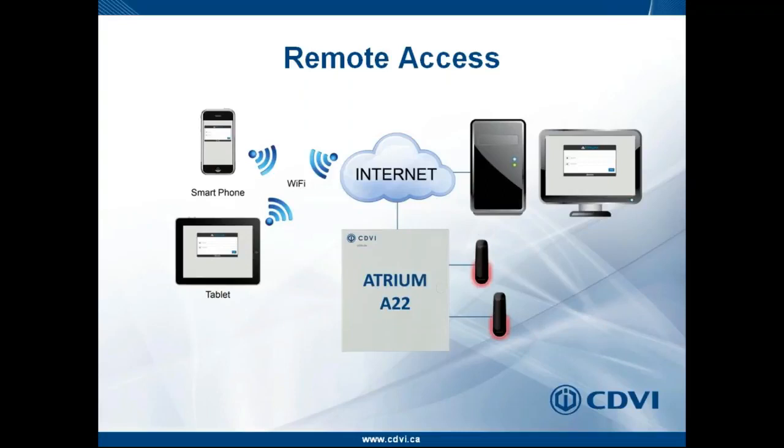So there is the capability of connecting either through a computer or, of course, through a smartphone or tablet. So if you do have a data connection or a Wi-Fi connection in an airport or wherever you may be, if you have an internet connection, you are able to remote into the system and manage, add and delete cards, unlock doors, and see the events that are going on.